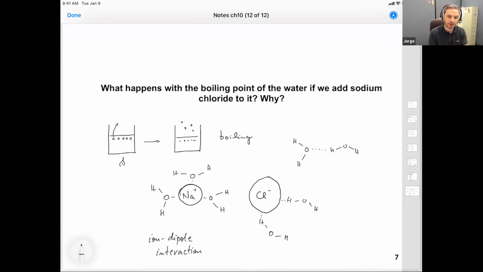So addition of salt to the water increases the boiling point and decreases the melting point. That is the basis for all the colligative properties that unfortunately we didn't have time to talk about, but you're going to see something tomorrow for your lab.